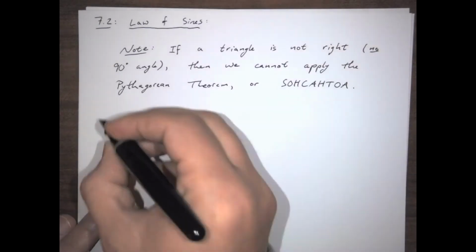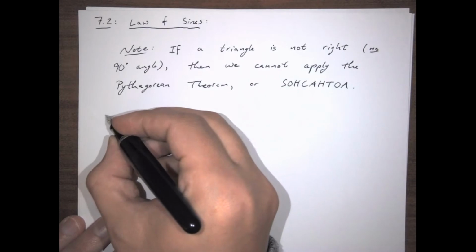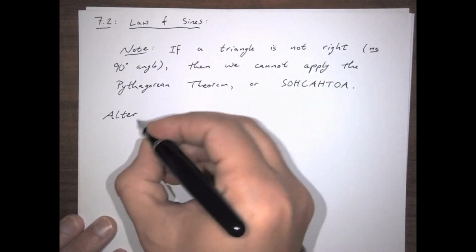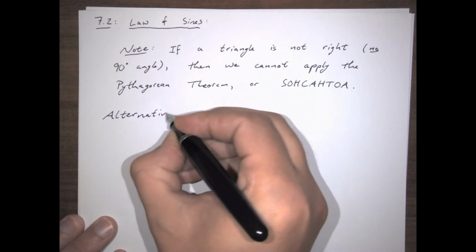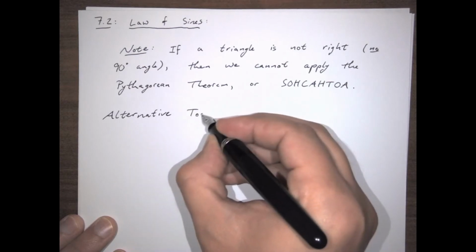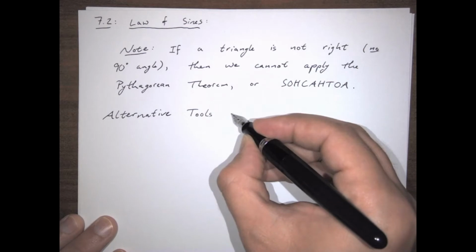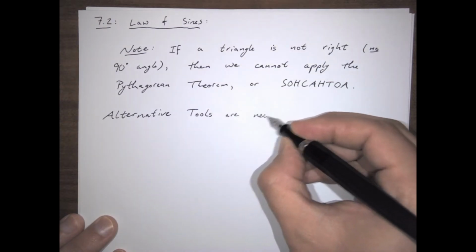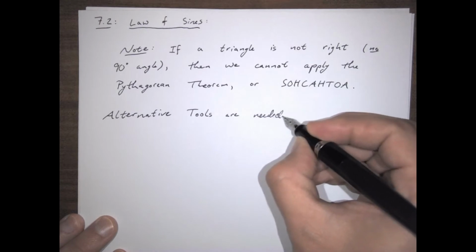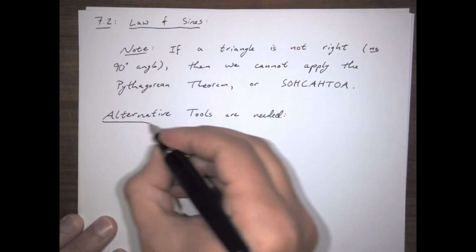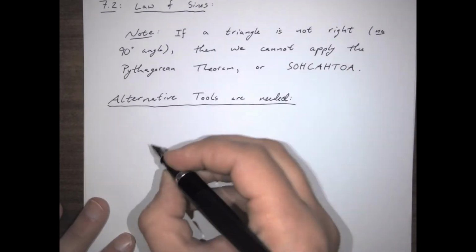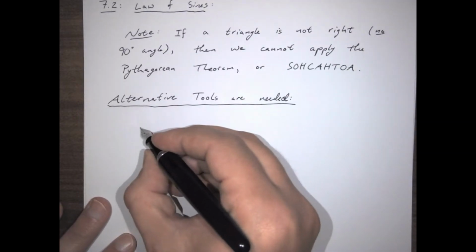So we need alternative tools. Alternative tools must be used. And the first one of those that we are going to be talking about here is the law of sines.